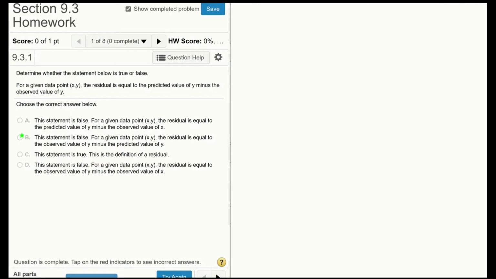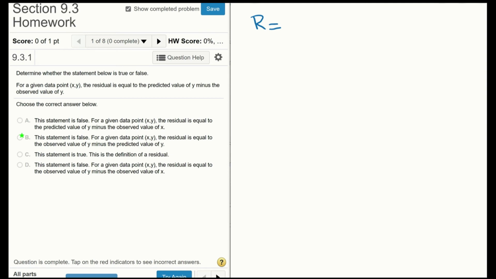All right, so for this first problem, we have a true or false type of problem, and it says for a given data point x, y, the residual is equal to the predicted value of y minus the observed value of y. And of course, we know that that's false. If you recall, how do we remember the residual?